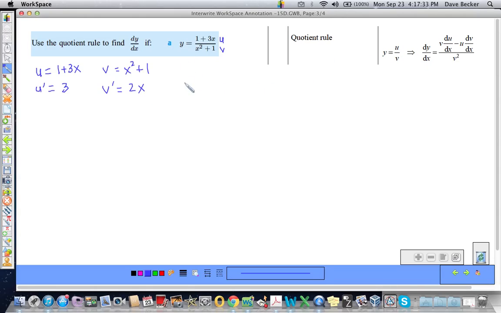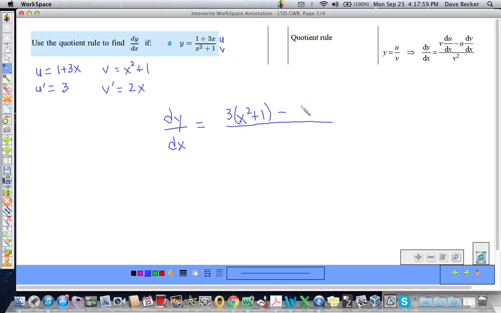So for our function y, dy dx equals v du. V multiplied by the derivative of u. So that's x squared plus 1 multiplied by 3. So I'll just put that 3 out in front because it looks better that way.